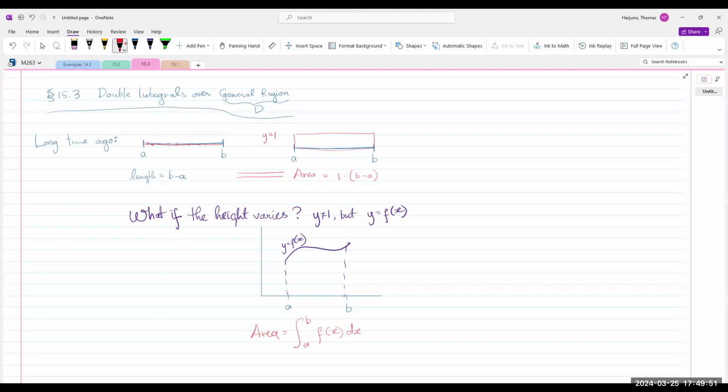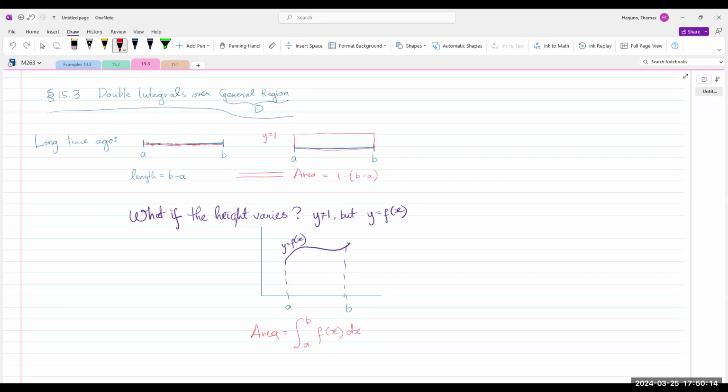If the density is uniform with density, let's call that k, then the weight of that line segment will equal the area of the rectangle with height k.